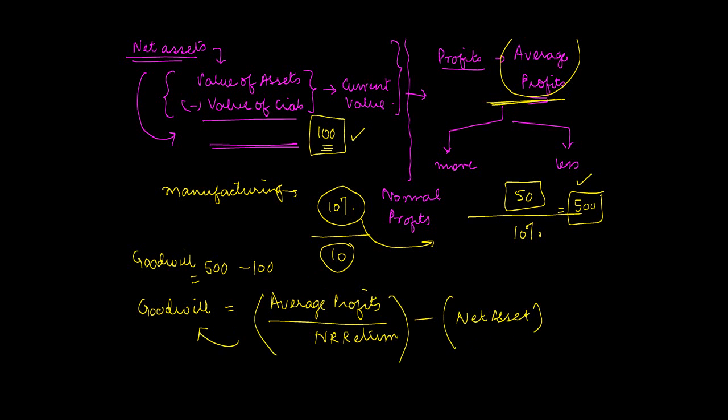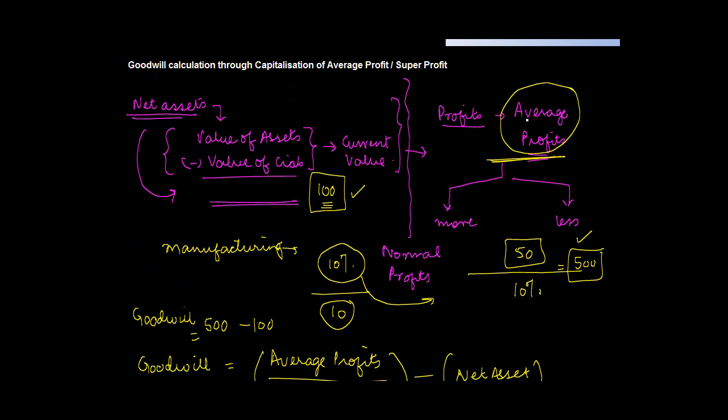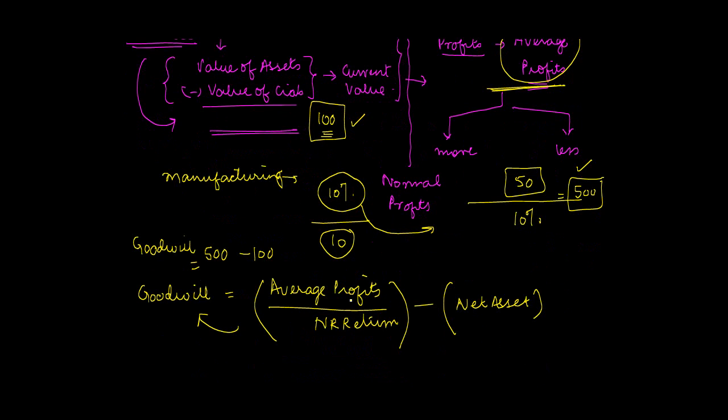The only difference in the super profit method is that instead of taking the average profits, you consider super profits. You capitalize the super profits in the same manner: super profits divided by the normal rate of return, into 100.